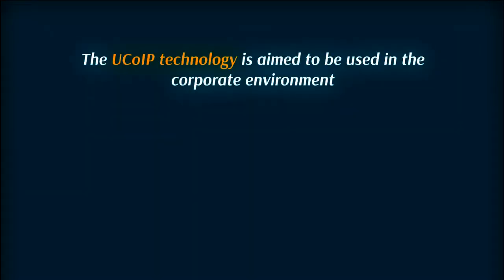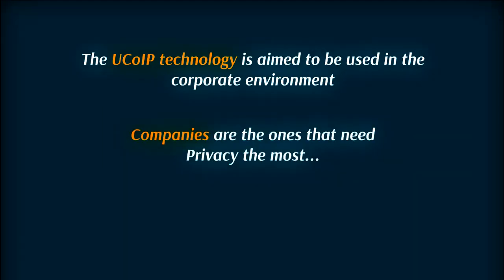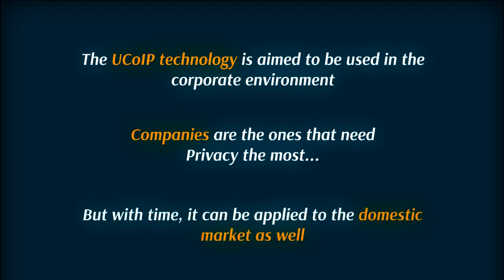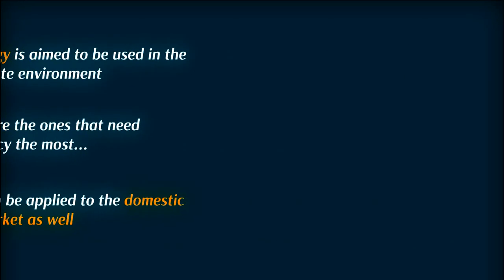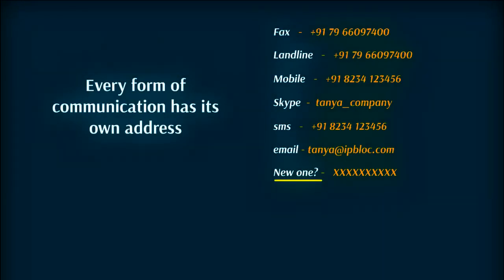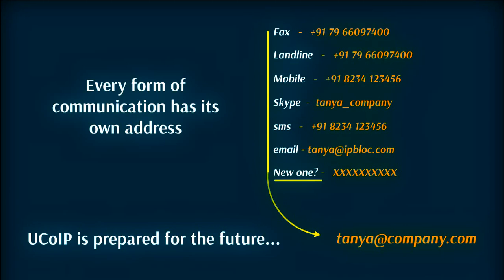The UCOIP technology is aimed to be used in the corporate environment, because companies are the ones that need privacy the most, but with time, it can be used for domestic purposes. Every form of communication has its own address. And if another one appears, it will have its own as well. The UCOIP system will always integrate other communication forms with the single address.